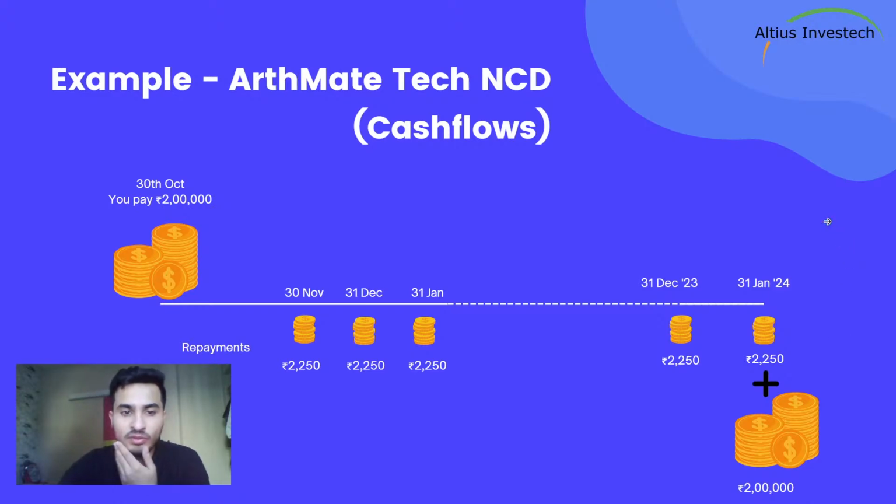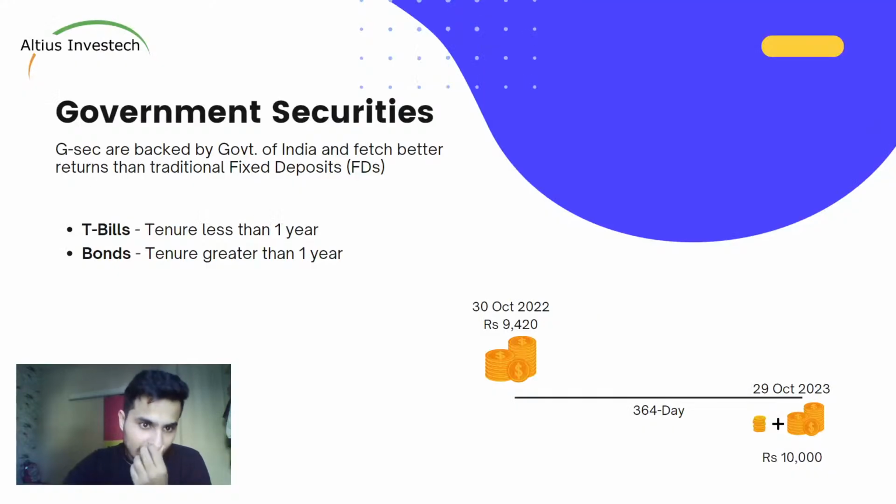So moving forward, let's take a look at a different type of fixed income product, that is government securities. Government securities are debt instruments that are backed by the government of India, and they have historically been proven to fetch better returns when compared to traditional fixed deposits.